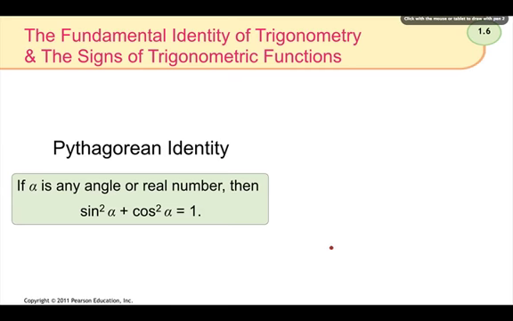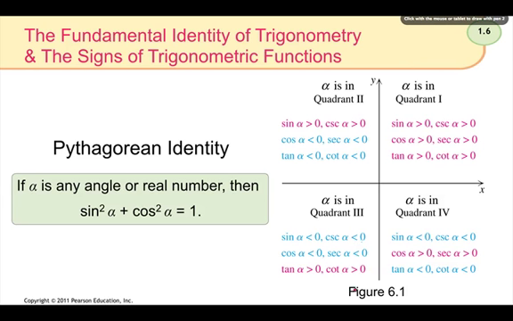The next part on this slide is figure 6.1. In trigonometry, we need to know the sign of the trig function given the quadrant in which theta lies. For instance, if theta is in the second quadrant, we need to know that sine of alpha is positive, cosine of alpha is negative, tangent of alpha is negative, and so forth for all the other quadrants.